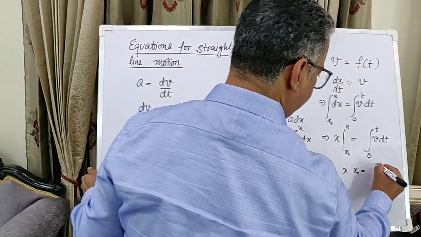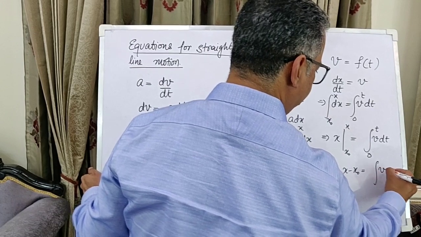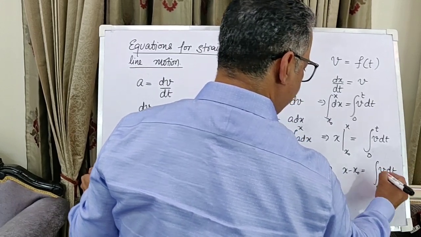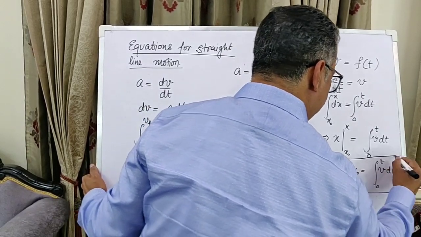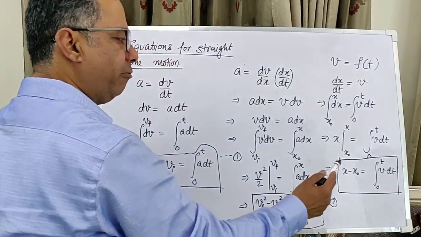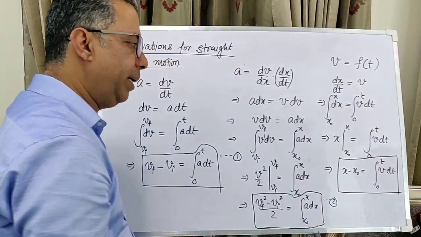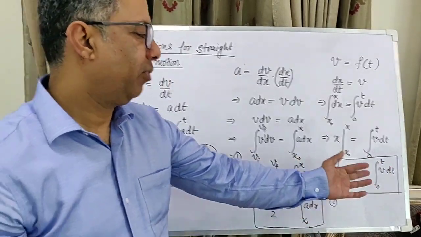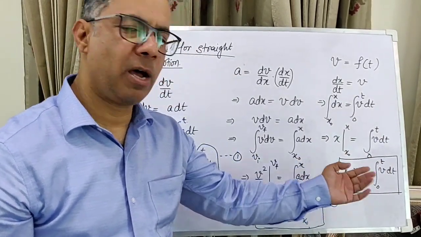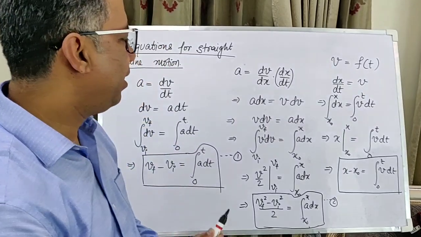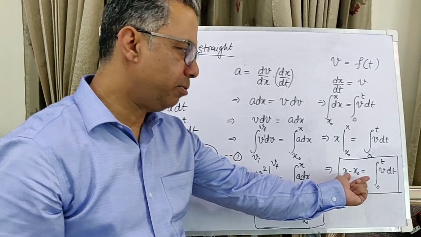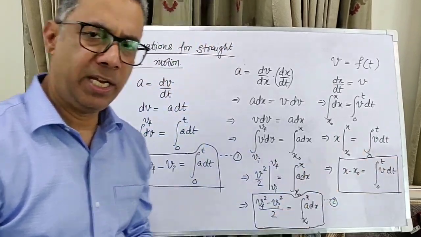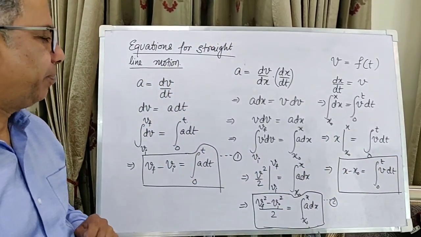It equals the integral of v dt, 0 to t. So displacement equals the integral of v dt from 0 to t, which also comes from your interpretation of displacement being equal to the area under the v versus t graph.